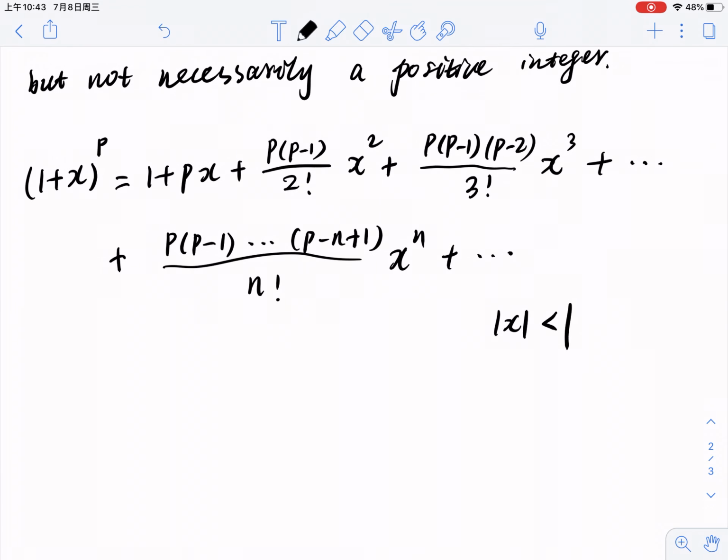What happens at the endpoints needs to be checked on an individual basis. This Taylor series is also called the binomial series.